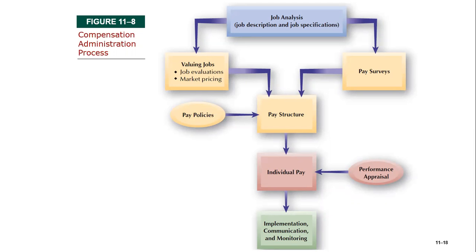We determine the pay policies as well. The pay policies refer to the percentage of the increment. We decide what kind of benefits, allowances, incentives, or variable pay, and how much of those are entitled for various different grades.